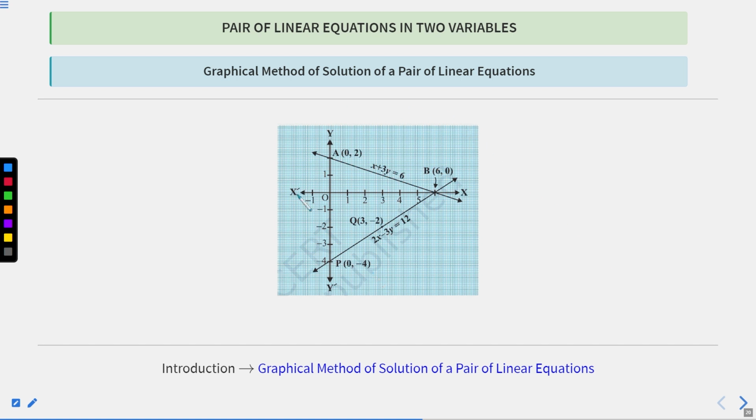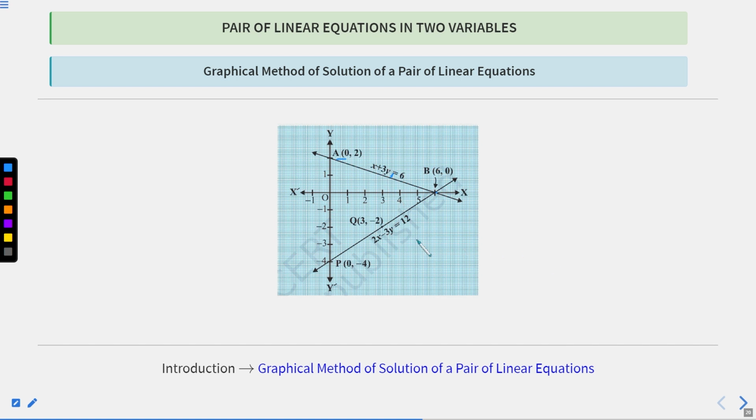If we draw the graph of x plus 3y is equal to 6, you will get this line that intersects the y-axis at point A, 0 comma 2, and the x-axis at point B, 6 comma 0. So this line is x plus 3y is equal to 6.